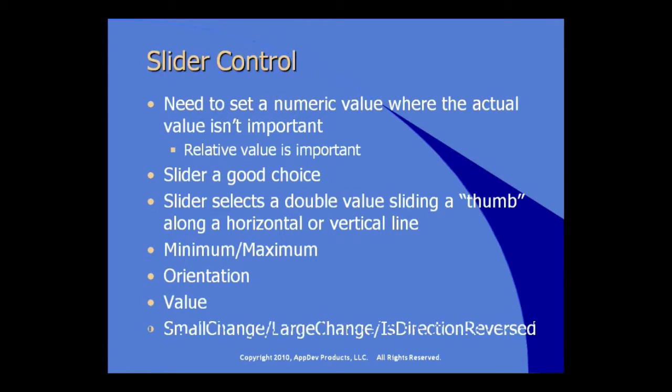And you can set the small change, large change, and is direction reversed properties. The small change and large change properties determine how the slider moves when you click at various places on the slider, and the is direction reversed property allows you to have the slider appear with its minimum value at the end of the slider and the maximum value at the beginning of the slider. So you can reverse the meaning of the slider's movement.